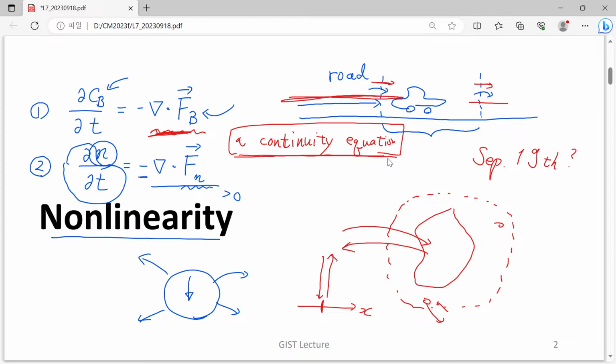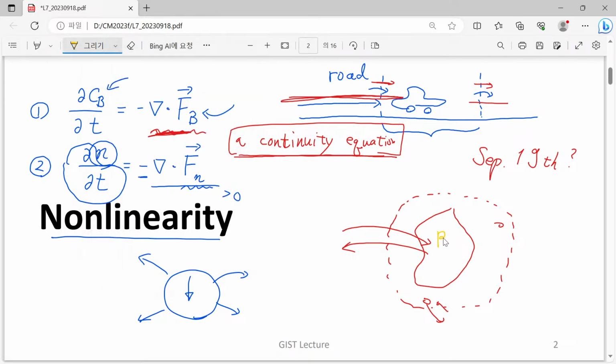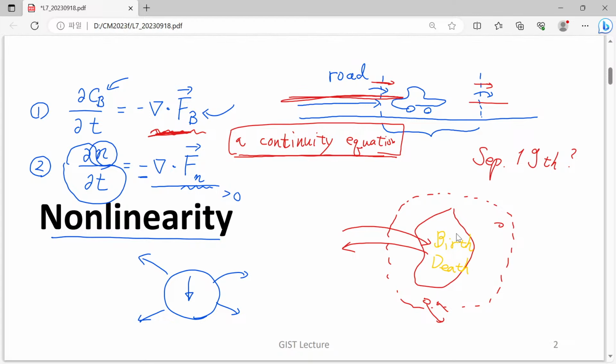This sounds reasonable, but there is one very important effect which was not considered in this philosophy. The missing effect is the birth and death happening internally in the land of Korea.